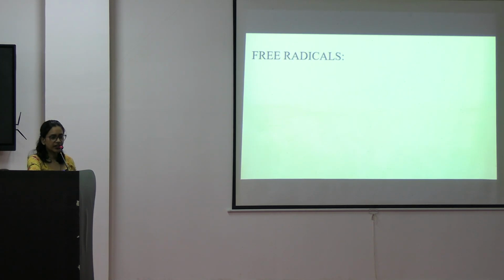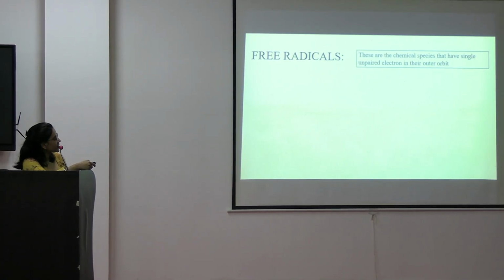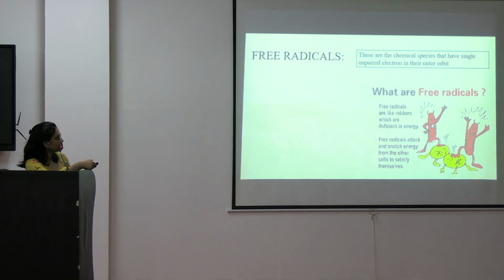Anybody knows what is a free radical? Reactive oxygen species is a very good example. So what is their characteristic? These are chemical species which have a single unpaired electron in their outer orbit. If they have a single unpaired electron, that means they are deficient in energy. So how do they act? They are like robbers.